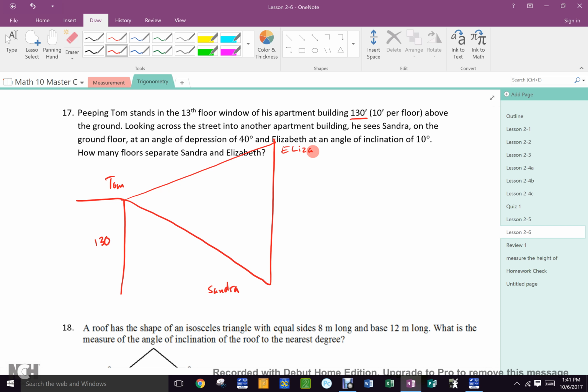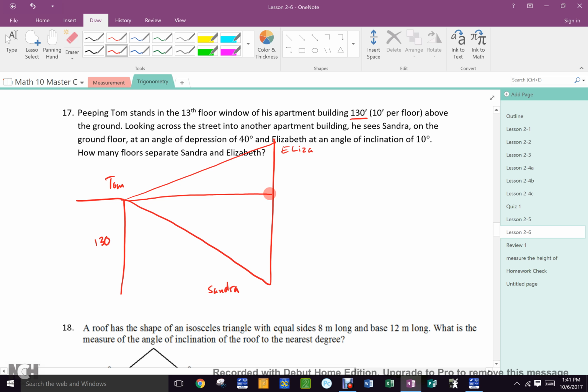I can't do trig yet. What do I need to do trig? I need a 90-degree angle. Where would Tom's eyes be if there were no cute girls over here? Straight across. Found a right angle.